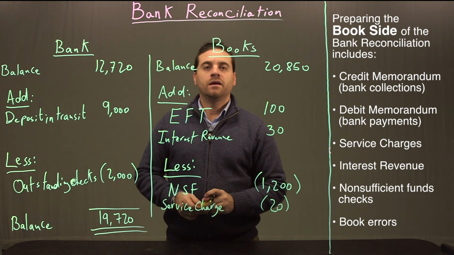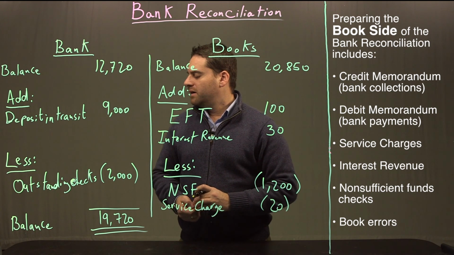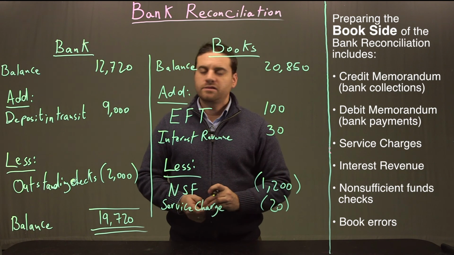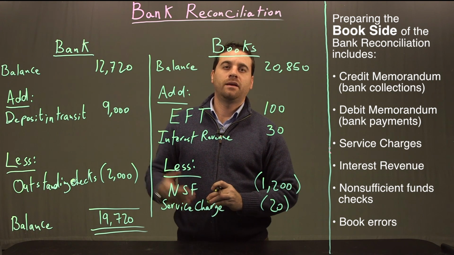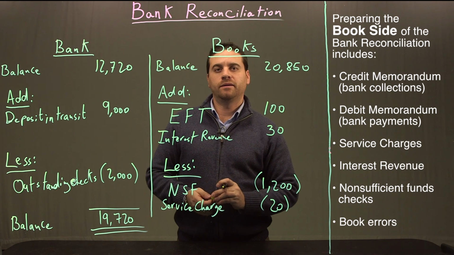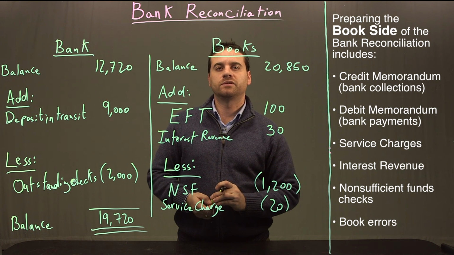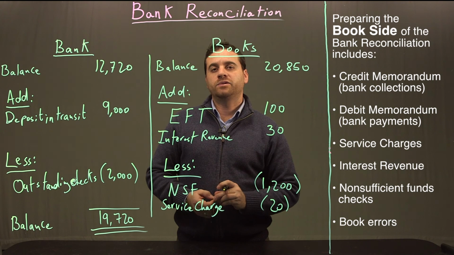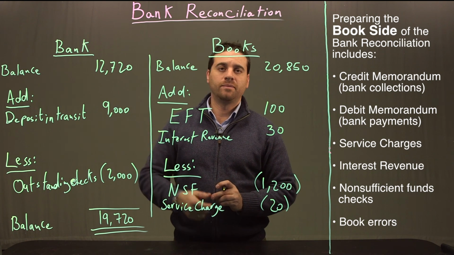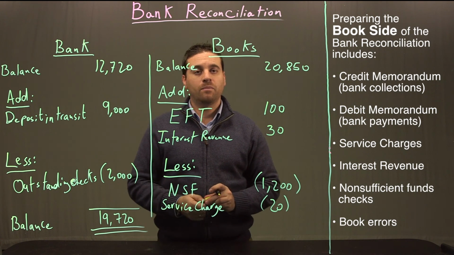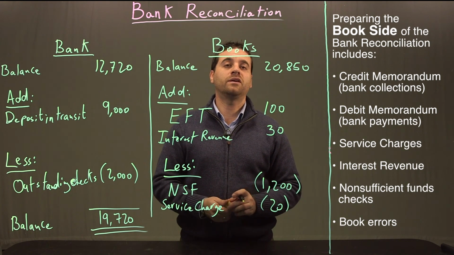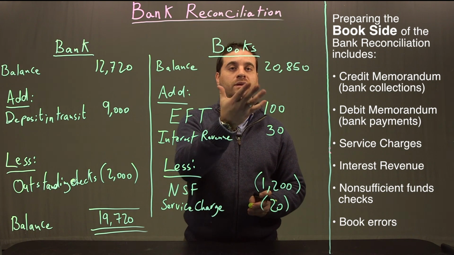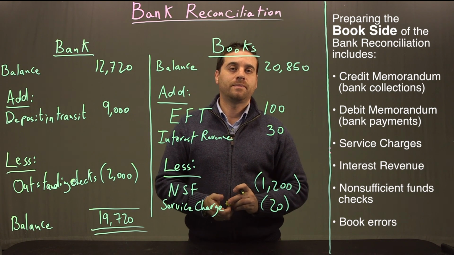Okay. One more example. Let's say that we purchased an item like equipment or supplies using the company's debit card. So that amount was deducted from the bank account because we used the debit card, but we forgot to record a journal entry for that. So we forgot to subtract that amount from our cash balance in our books.